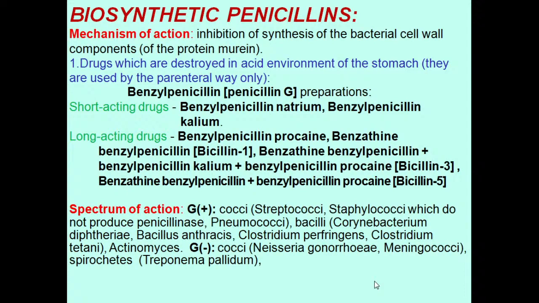First, staphylococci were killed by penicillins. But very fast, they started to produce penicillinase. That is why we couldn't use penicillins against staphylococci, so in staphylococcal infections.